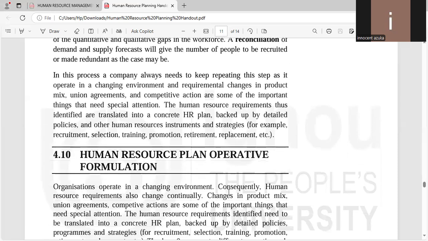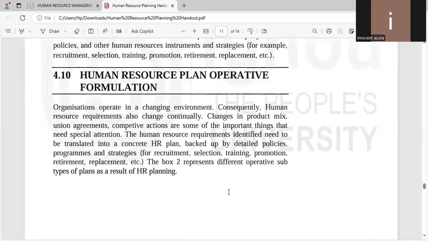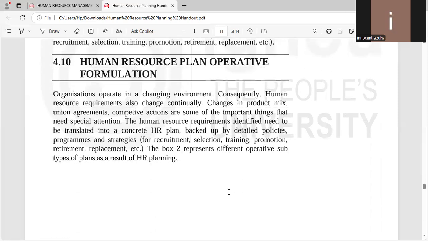Now, human resource plan operative formulation. The organization operates in a changing environment. Consequently, human resource requirements also change continuously. Changes in product mix, union agreements, and competitive action are some of the important things that need special attention.